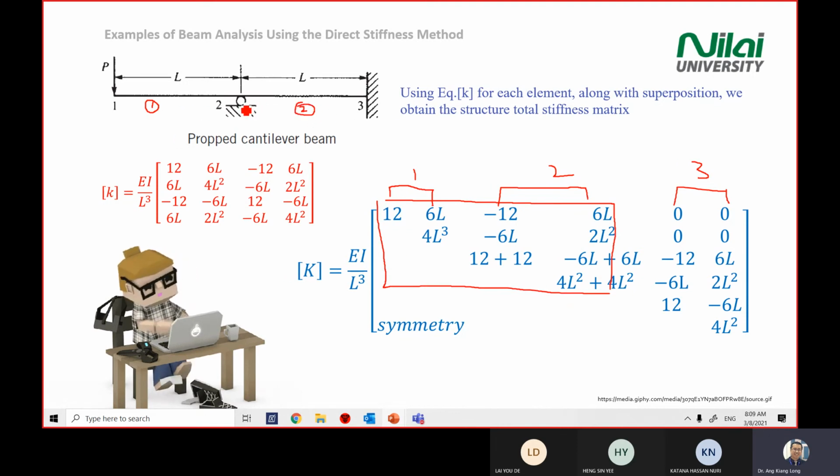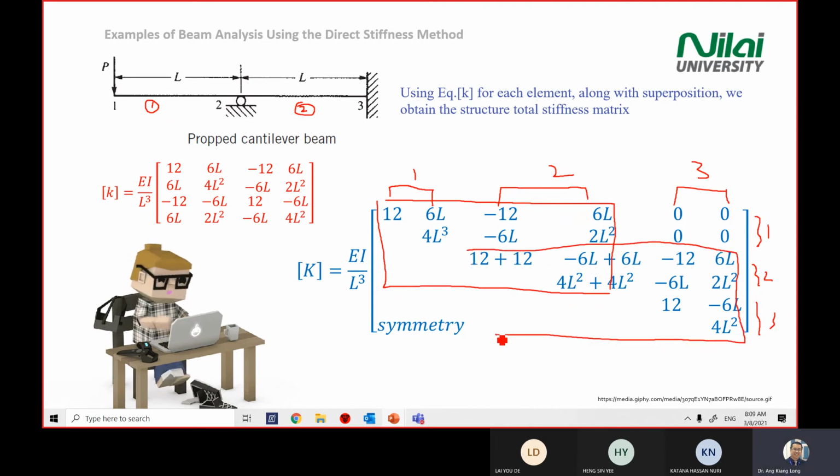Element 2 has points 2 and 3, so you have this column. Then you combine, and you get a big global matrix. At this stage, you should already know how to combine all the matrices together. If not, you need to go back to the previous example and practice on it.